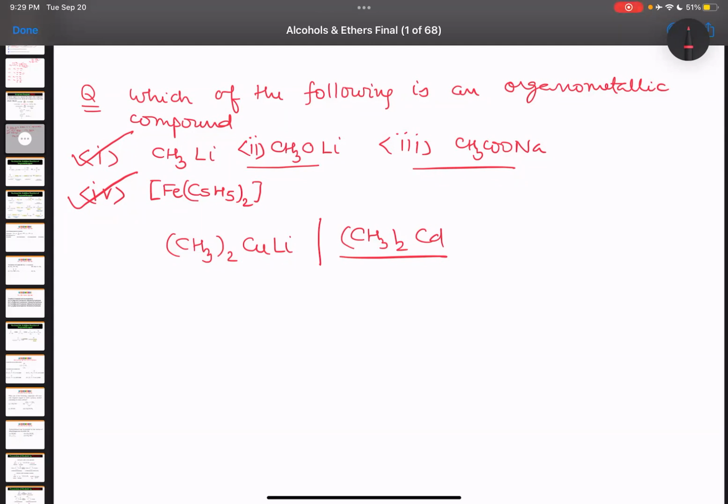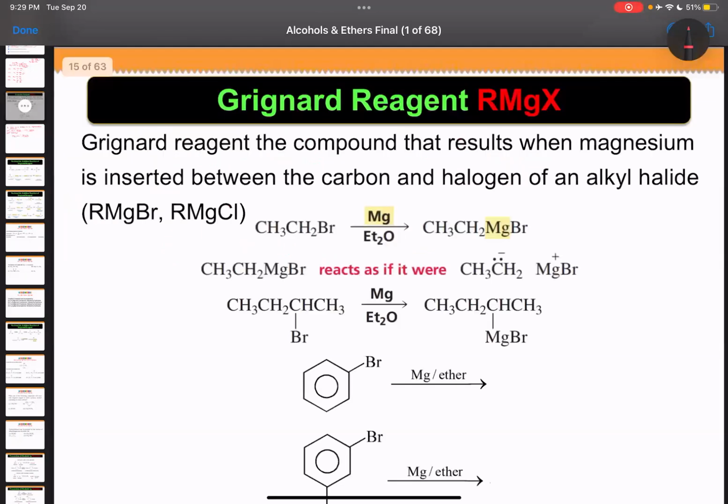Yes, sir. So all these are organometallic compounds. Grignard is also one of them, and all the reactions can be carried out if you know this thing.